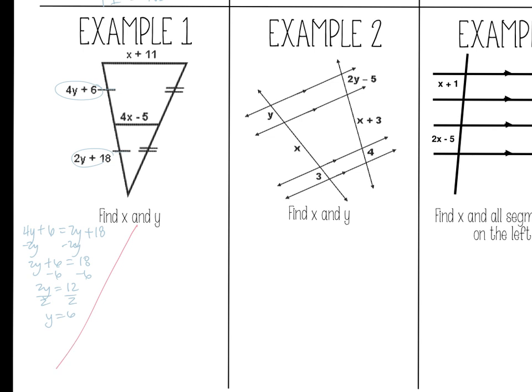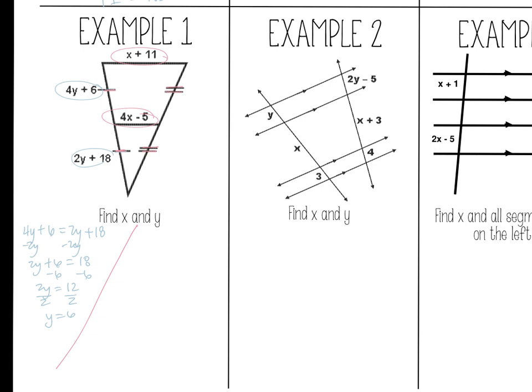So that's our y. And now for our x, we have this side and this side. If you remember the theorem from just a minute ago, it says that if the sides of the triangle are congruent, so this side is congruent to this side, and since these have 2 lines, those are congruent as well. So that makes 4x minus 5 half of x plus 11.